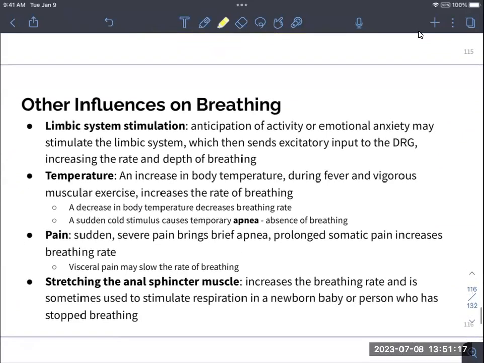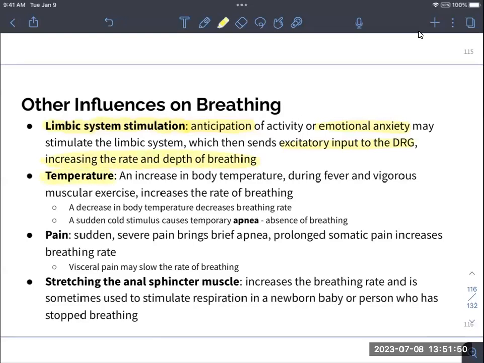So your limbic system, I mentioned it before, is going to play a role because it is an anticipatory mechanism that allows your body to know when certain events are going to happen. Emotional anxiety can change your breathing rate. It can send signals to that dorsal respiratory group that increase your rate and depth of breath.